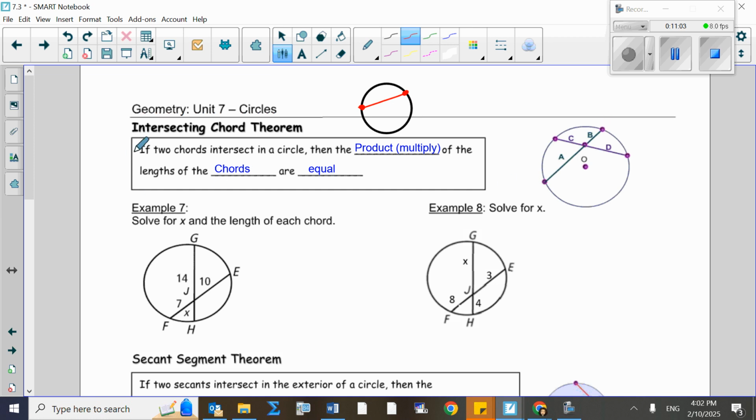So the theorem says if two chords intersect in a circle, then the product or multiplication of the lengths of the chord parts are equal. So what does that mean? That means these two parts, A and B, I'm going to write that here, A times B is equal to C times D. That's it.